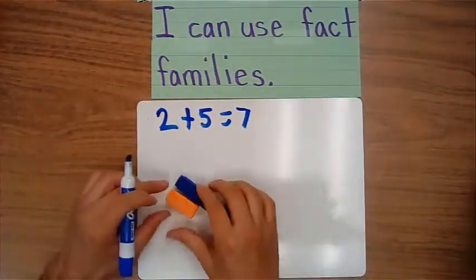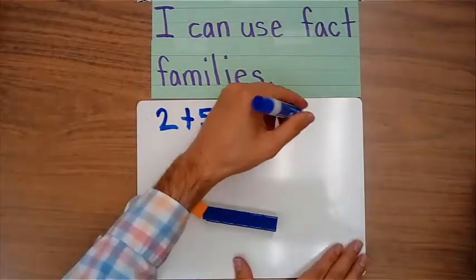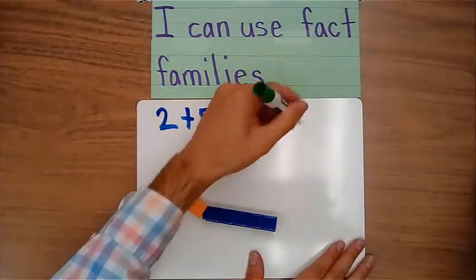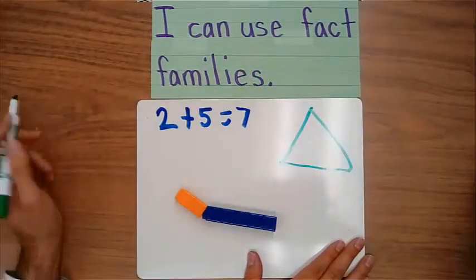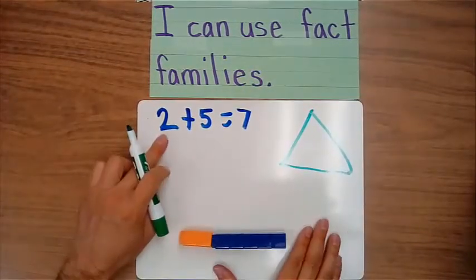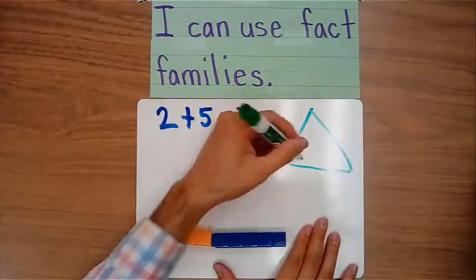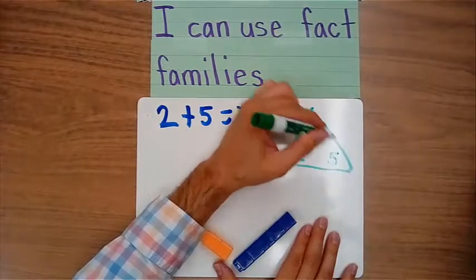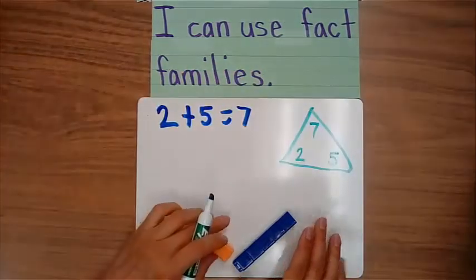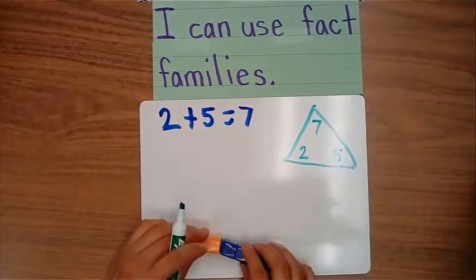So I can make a triangle. I could put my family members in here for my fact family. And I know that 2, 5, and 7 are my family members. So I'm going to write a 2, I'm going to write a 5, and I write a 7 right there. And those are the family members that I have.